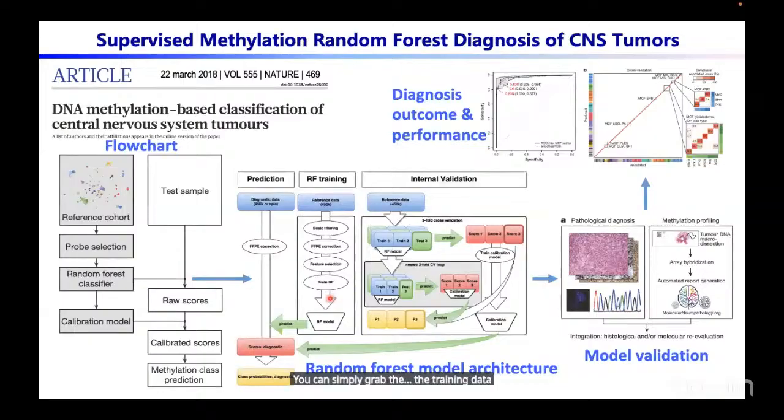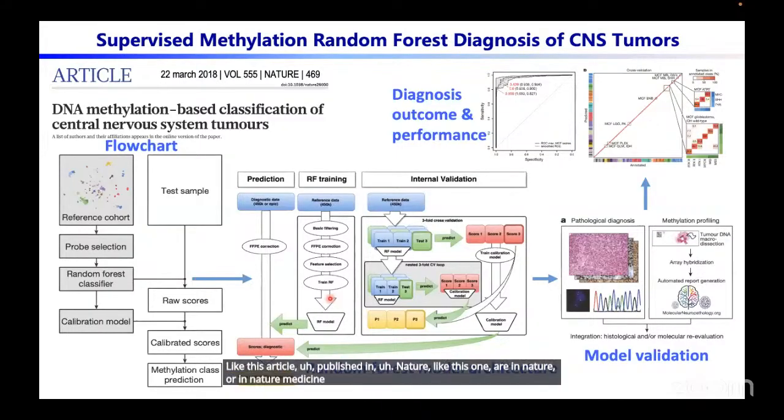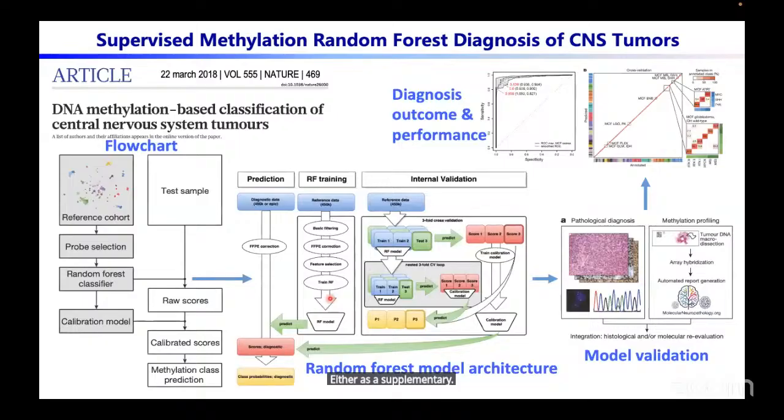So typically, like this article published in Nature, or in Nature Medicine, typically they provide you with the training data either as a supplementary material, or they actually post it on some website, or else you can simply download some kind of data from the GEO database, from the TCGA database, for instance.